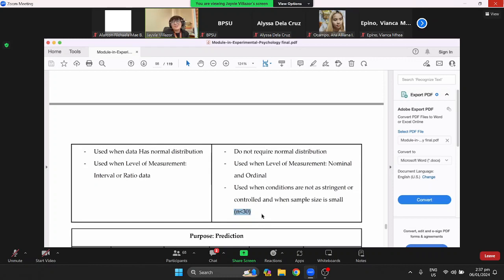Kasi, kumpara sa mga correlational descriptive research or other types of quantitative research, sa experimental, usually, kaunti lang talaga ang nagiging participants nila, lalo na pagdating sa psychology. Di ba? I also experienced that during my dissertation, during my PhD.